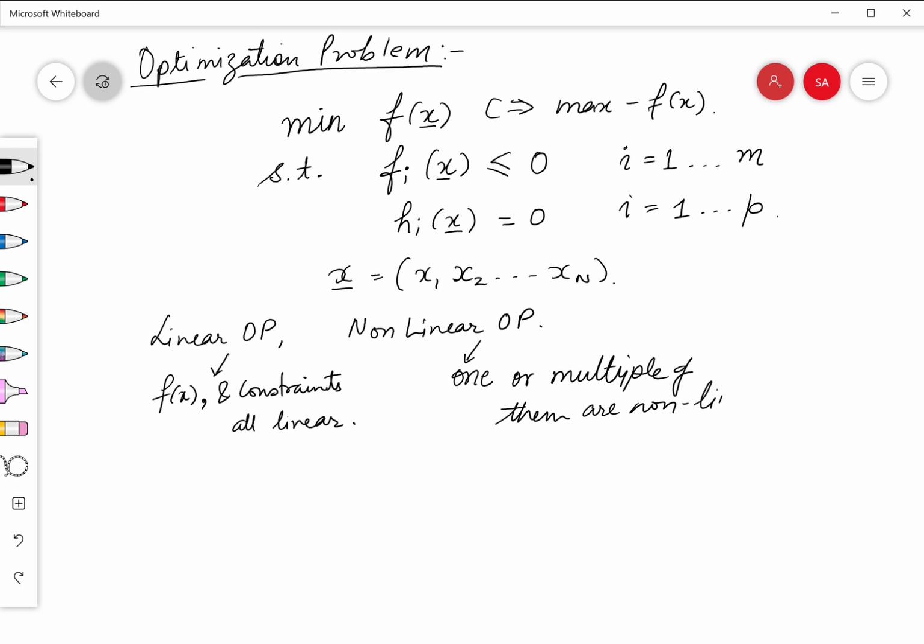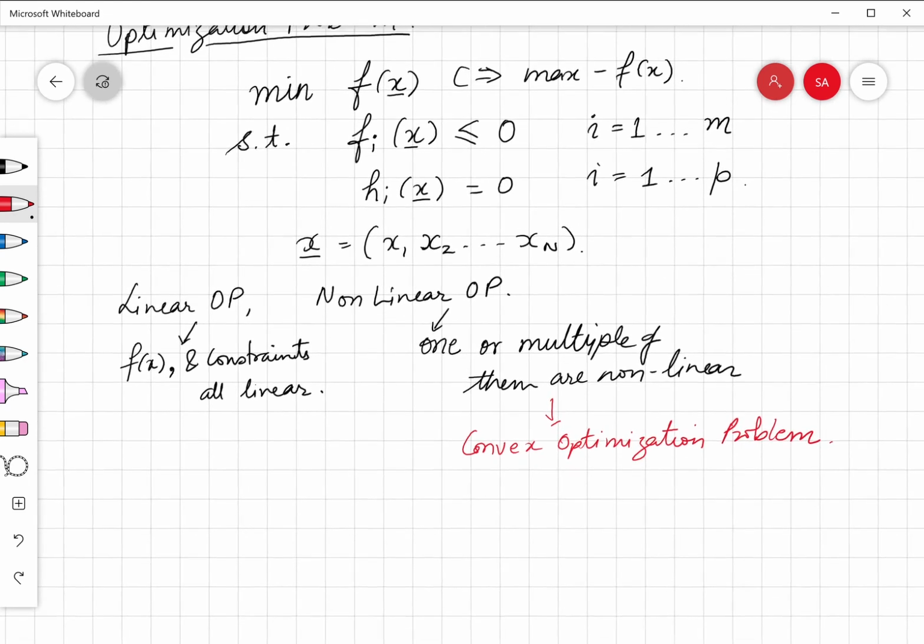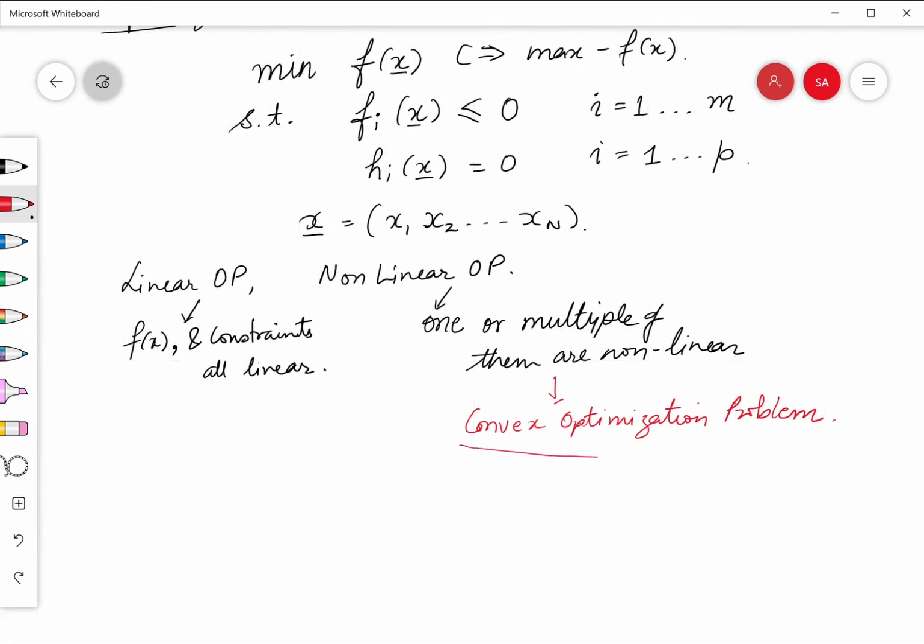And a special case of non-linear optimization problem is called a convex optimization problem. So we are going to discuss the convex optimization problem. This is our interest here in this lecture.